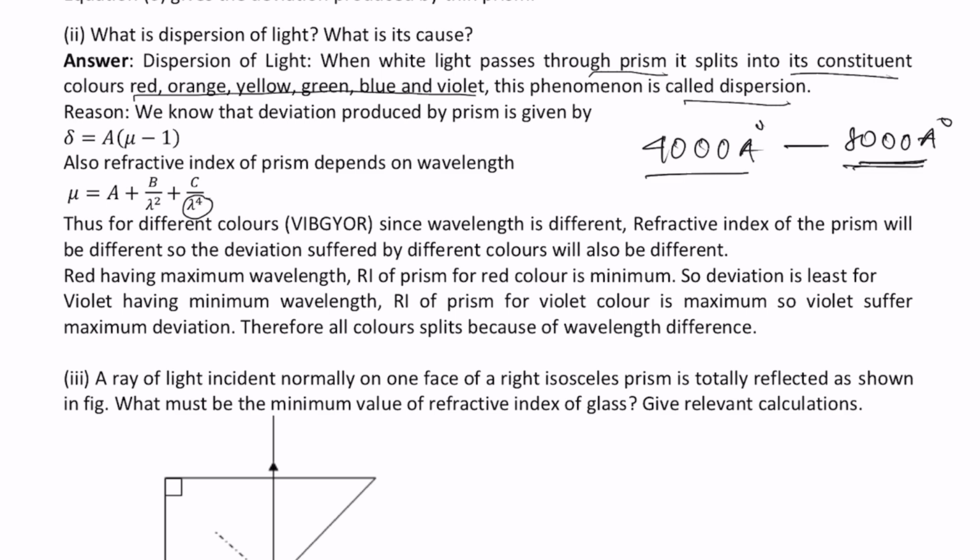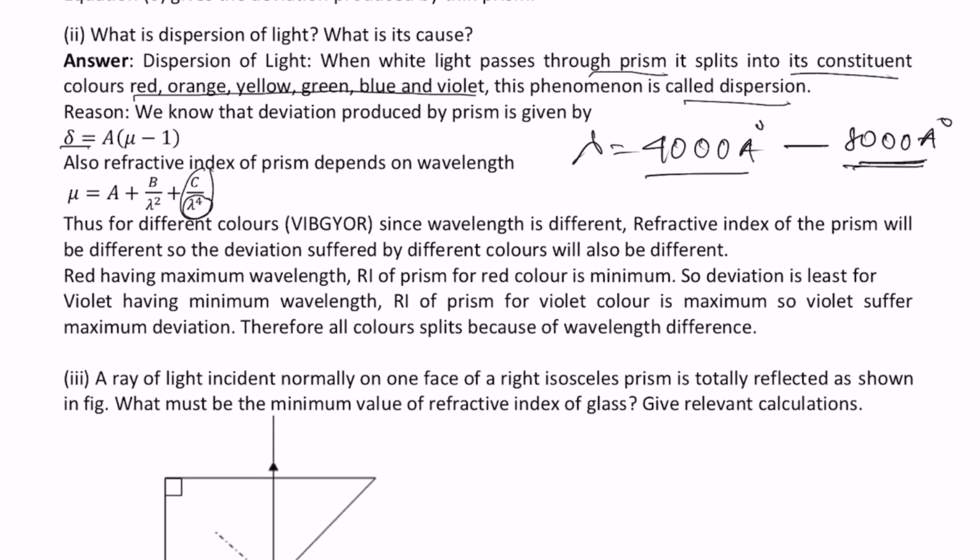So if we raise it to higher powers, the terms will be very small, so we can neglect the higher terms. That is why A plus B by lambda square is normally taken. So I have explained why the dispersion happens, why the splitting happens.